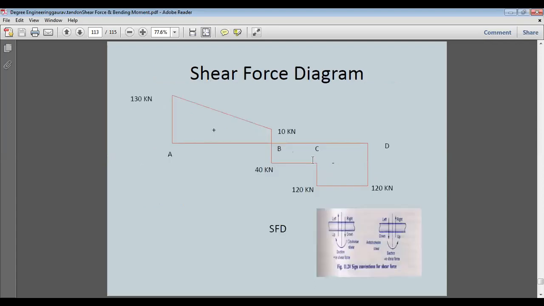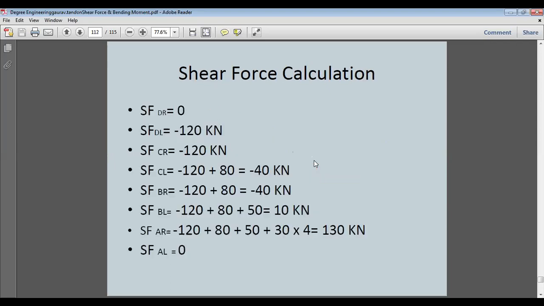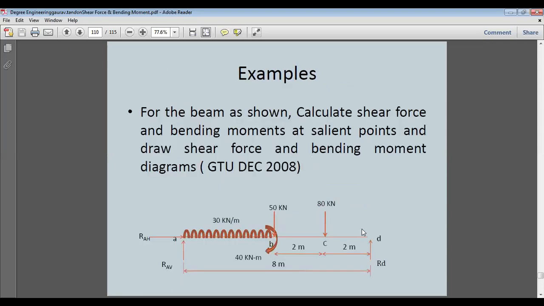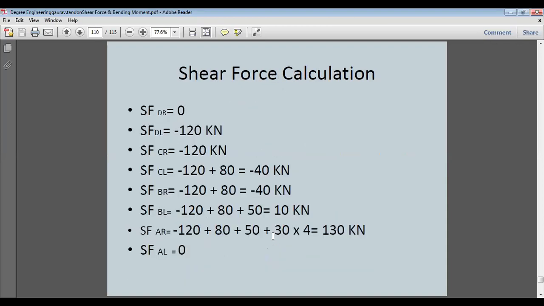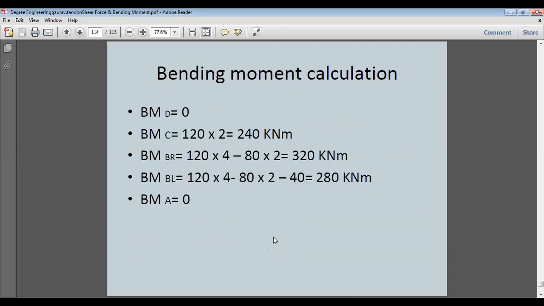You can see the bending moment. In case of bending moment, this is acting vertical upwards, this is downwards. So bending moment because of RD will be positive, whereas bending moment because of 80 kilonewton will be negative. So this is again RD, that is 120 multiplied by 2, that is 240 kilonewton meter.